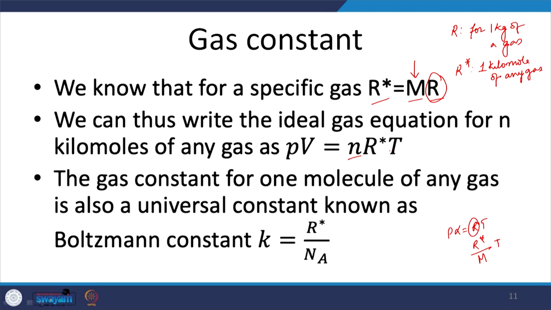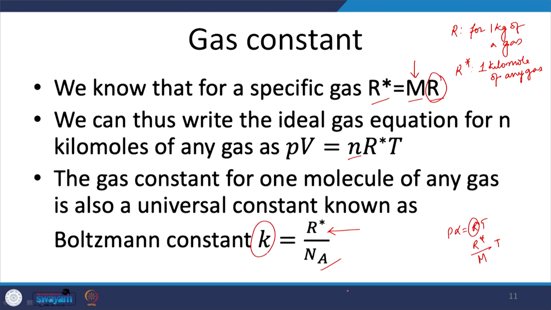Now the gas constant for 1 molecule of any gas: you take the universal gas constant and divide by Avogadro's number, the number of molecules in 1 kilomole, because R star is for 1 kilomole of a gas. So you divide by the number of molecules that this 1 kilomole will have, which is a constant again. So the universal gas constant divided by the number of molecules in 1 kilomole is again a constant, which is called Boltzmann's constant.